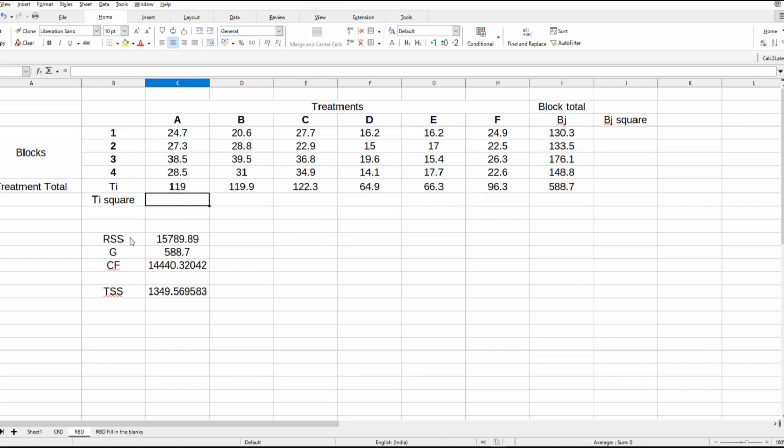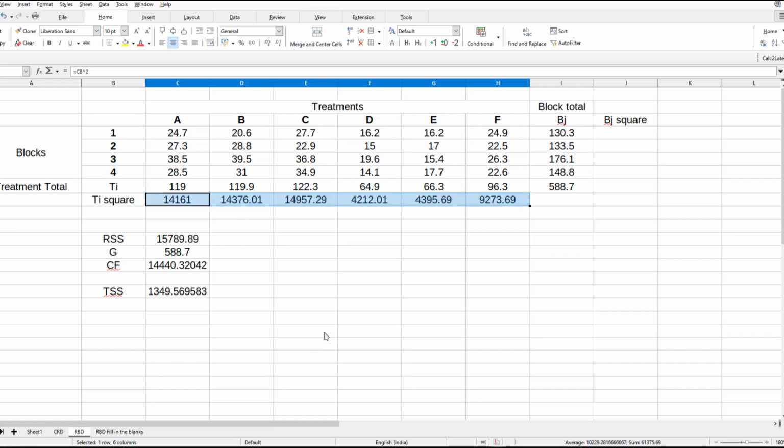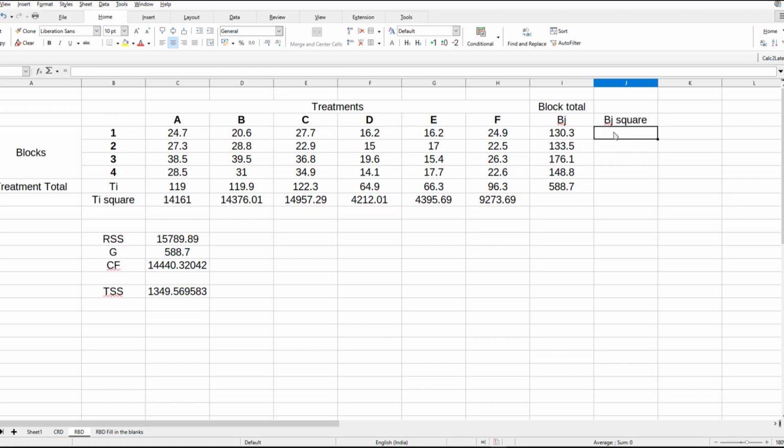Next we will calculate the treatment totals, which we have already calculated. Now we will square them. So that means 119 square, similar process, similar for block, 130.3 square, right?